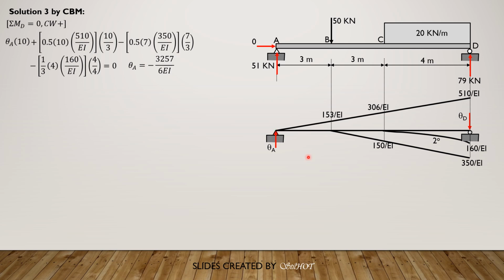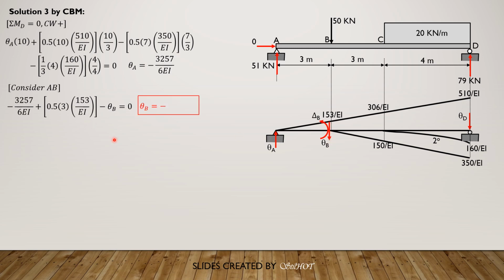Now let's consider AB. Positive theta for AB is theta B is going down because it is right section, and the positive moment or positive deflection is counterclockwise. So first, summation forces y, considering AB only. So theta A, which is negative 3257 over 6 EI plus 1 half of 3 times 153 over EI minus theta B equals 0.